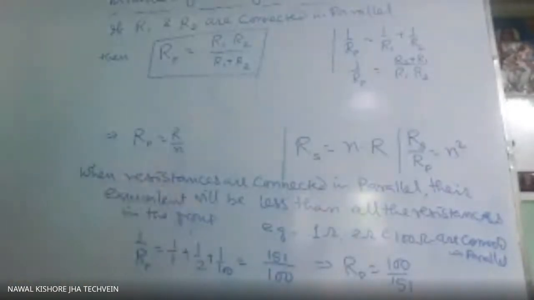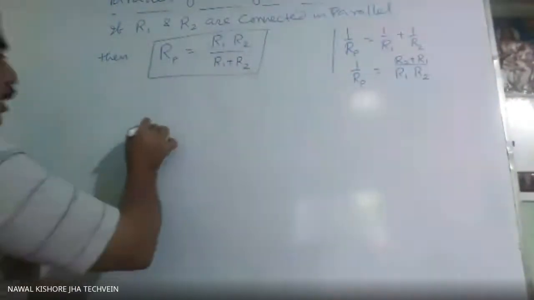Now, some examples we will see in which resistances are connected in series and parallel both, and you will be asked to find the equivalent value. Suppose you are given a circuit like this.